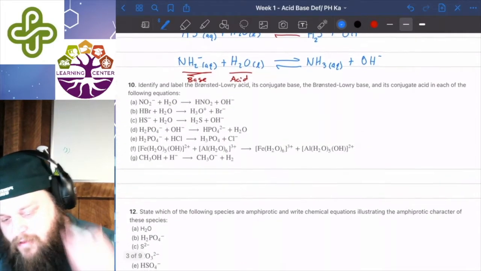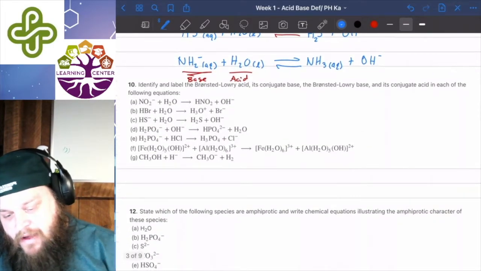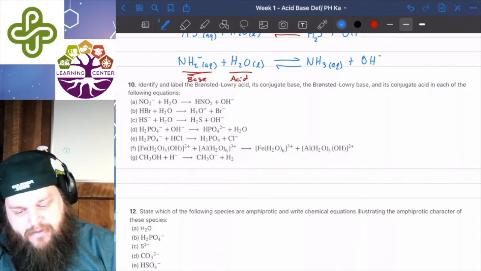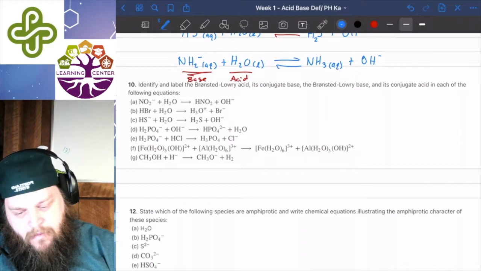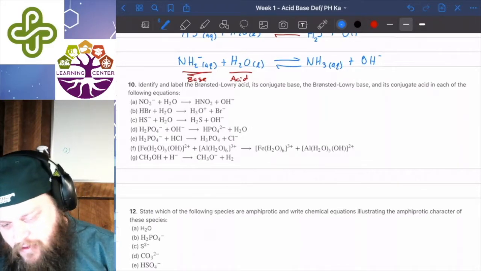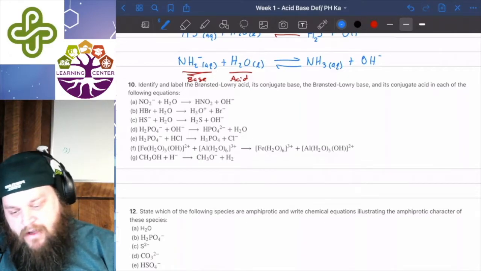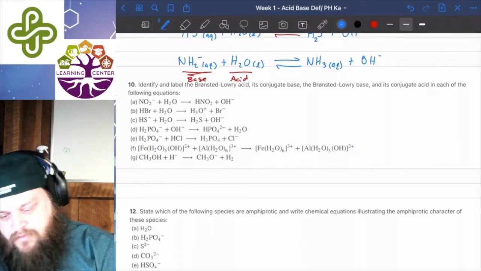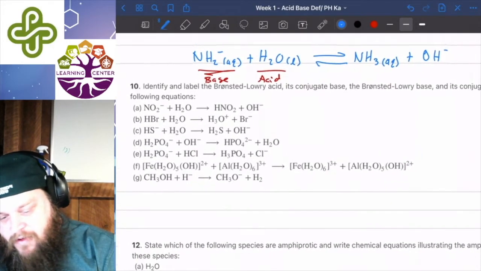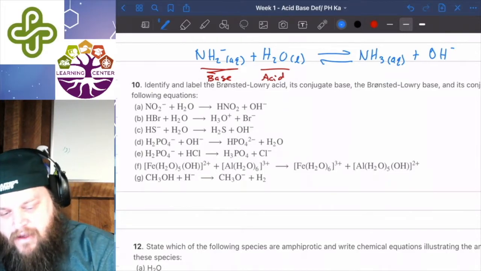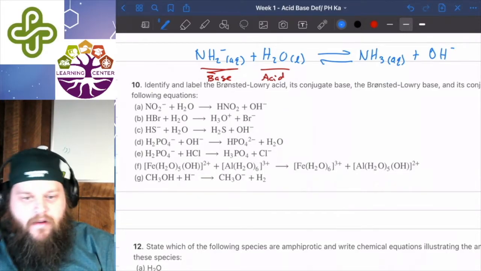Let's jump down to number 10. We want to identify and label the Bronsted-Lowry acid and base, and the conjugate acid and conjugate base in each of the following equations. So find the conjugate base and the conjugate acid, as well as the acid and base. So I'm going to circle the acids in blue and the bases in red, or say something to that effect.